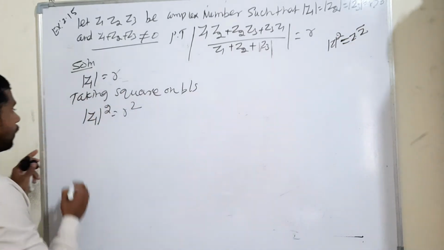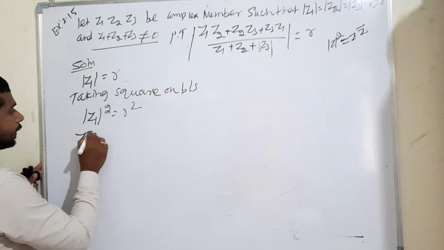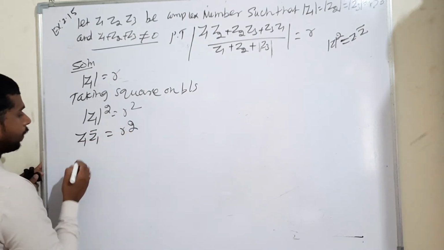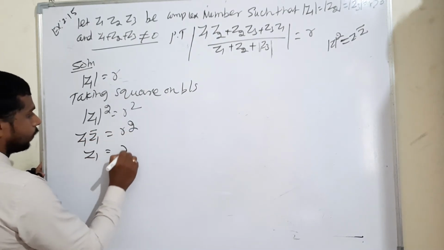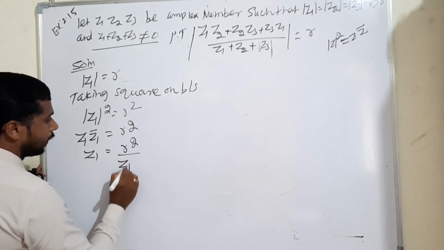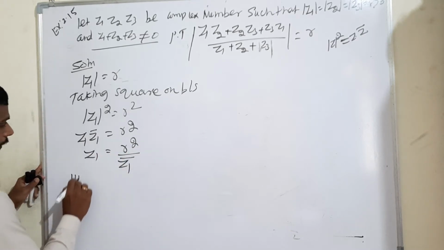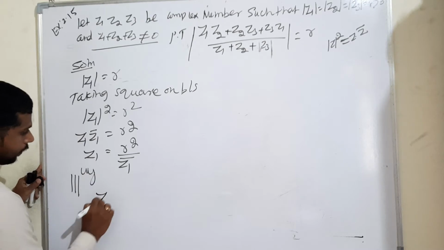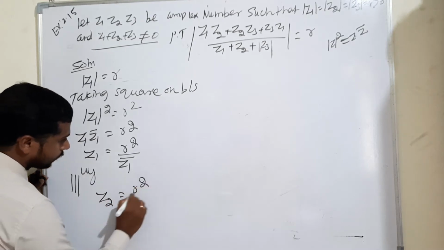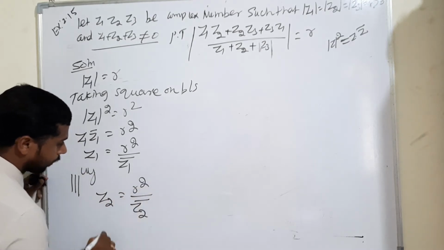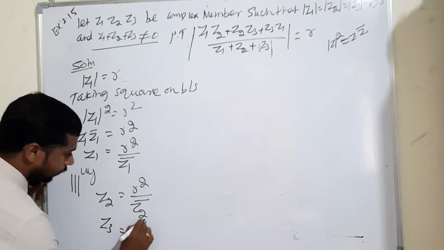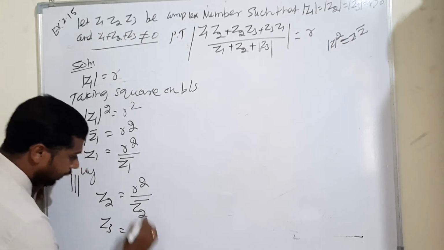So how to rearrange now? Z1 into Z1 bar is equal to R square. Therefore, Z1 is equal to R square divided by Z1 bar. Then similarly, Z2 is equal to R square divided by Z2 bar. Then Z3 is equal to R square divided by Z3 bar.